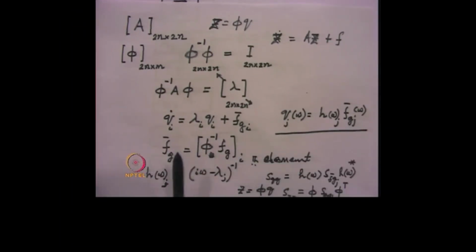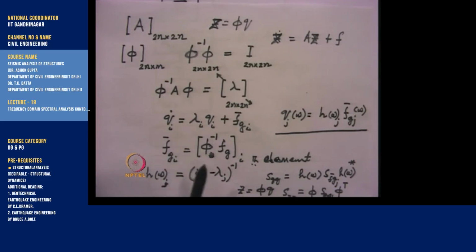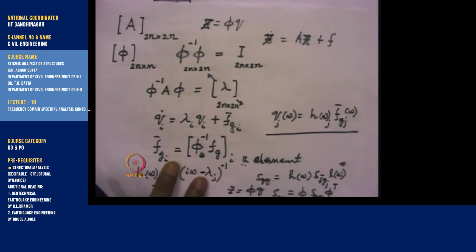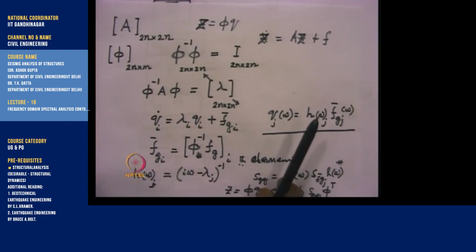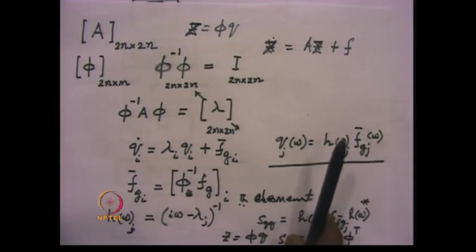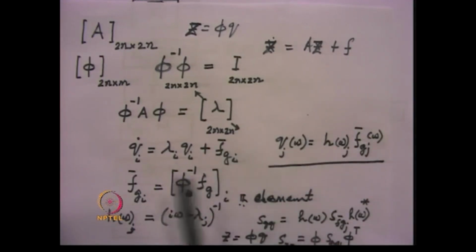And once we do that, we get F bar Gi, and once we get the F bar Gi, then Qj omega, that means for a particular mode the generalized coordinate in frequency domain is related to the F bar Gj through the frequency response function for the jth mode, and frequency response function in jth mode is given as this, I omega minus lambda j inverse, where lambda j is the jth eigenvalue of the A matrix.